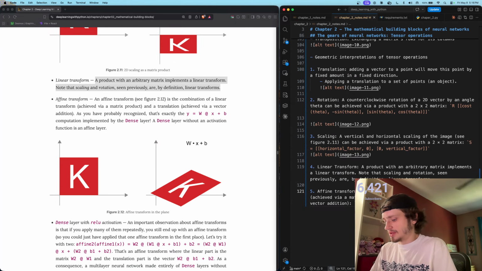Matmul against some other matrix X plus some vector addition, right?